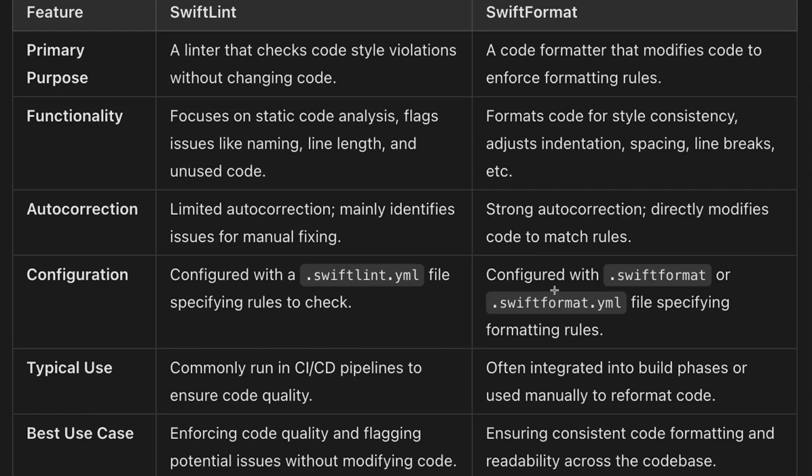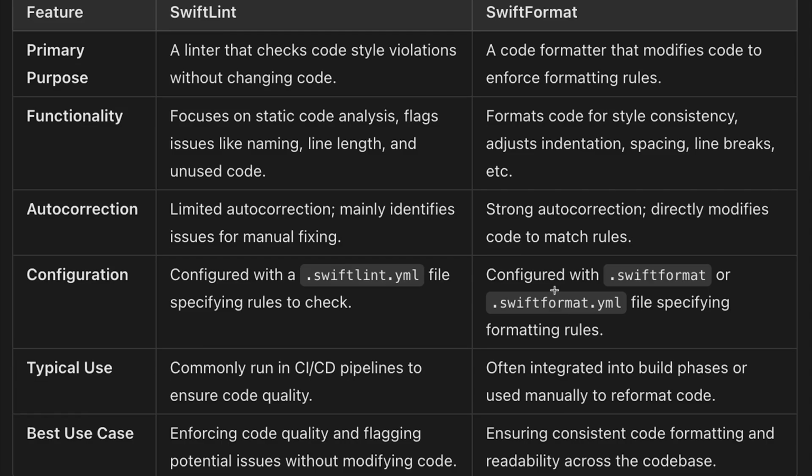The main functionality of SwiftLint is to focus on static code analysis and flag issues like naming, line length, whereas SwiftFormat actually maintains the coding consistency by modifying the files with proper indentation, spacing, line breaks, etc.